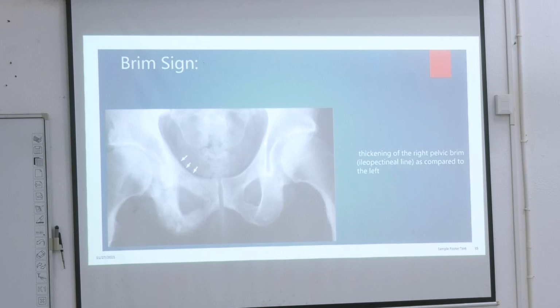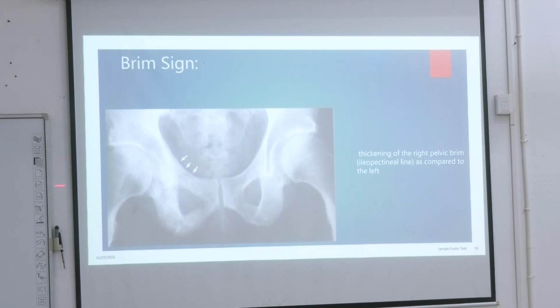This opacity in this side is very less compared to this side. This side bone opacity is more than this side. So this increase in opacity is attributed to increased sclerotic activity.